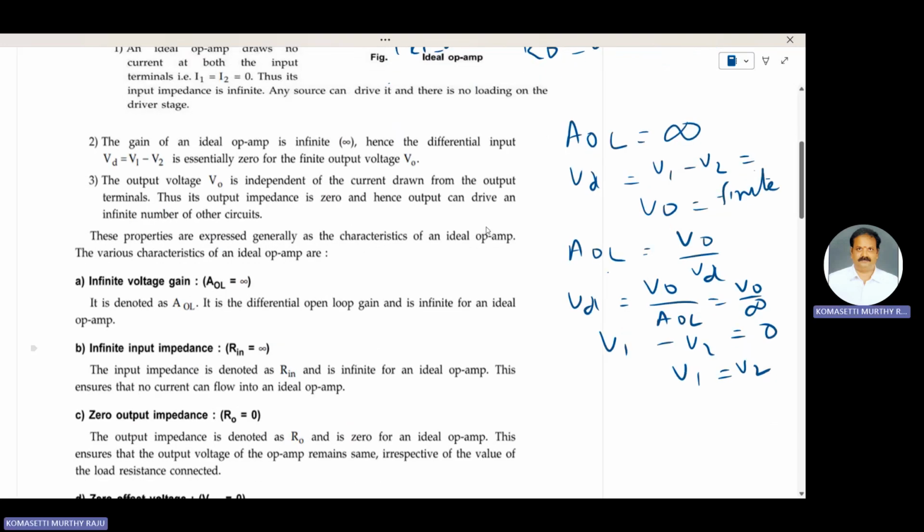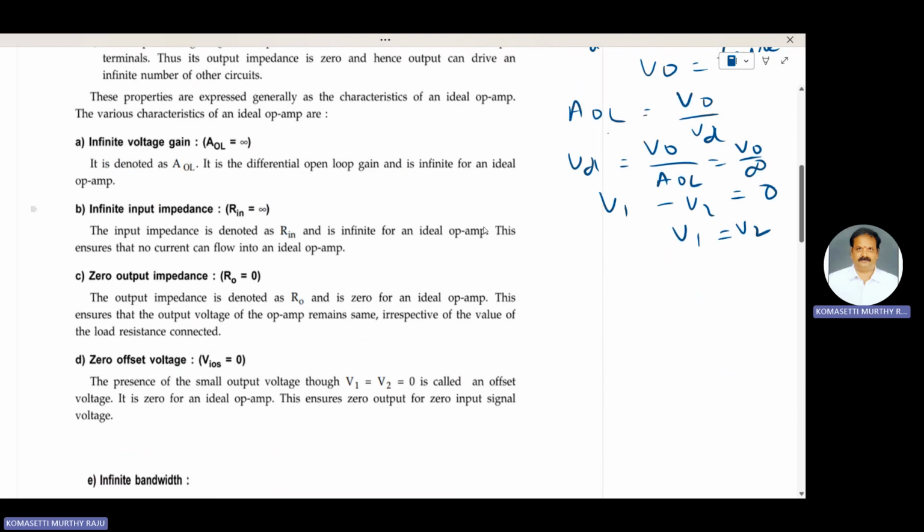The various characteristics of an ideal op-amp are, first, infinite voltage gain. AOL is infinity. It is the differential open loop gain and is infinite for an ideal op-amp. Two types of gains are there for the differential operational amplifier configuration, because the first stage of that op-amp is the differential amplifier: differential gain and common mode gain.